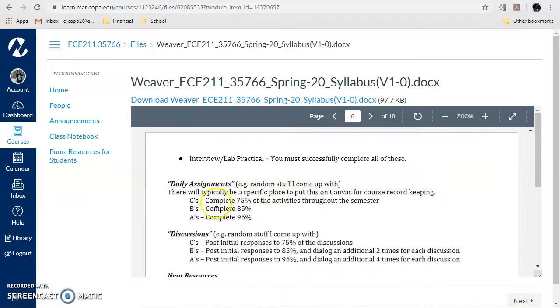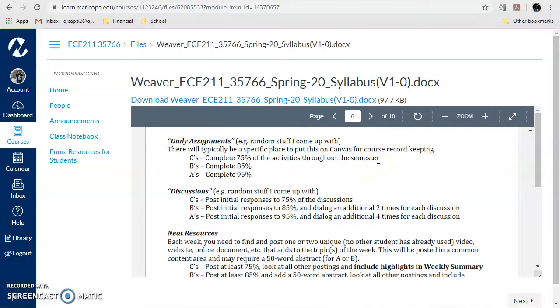yes, 100%. Daily assignments, discussions, things like that, completed 100%. There's nothing in there that I did not do. Discussions, 100% discussed, posted in every discussion board, and made comments to all of my classmates who made discussion posts themselves.